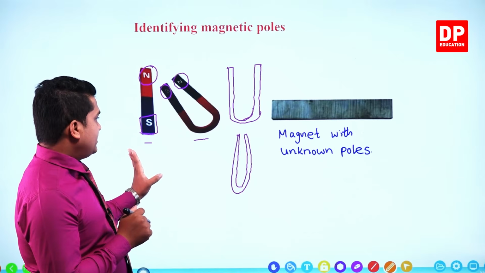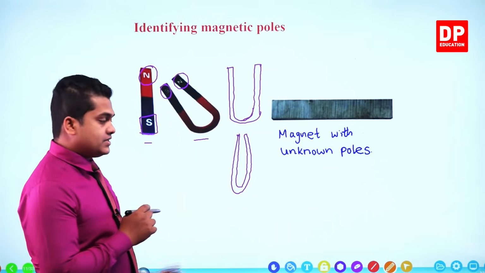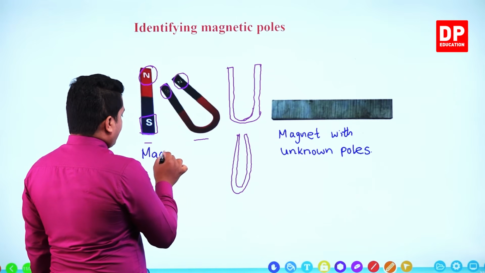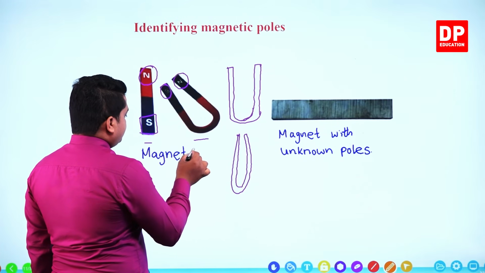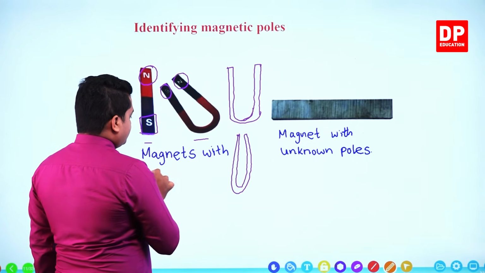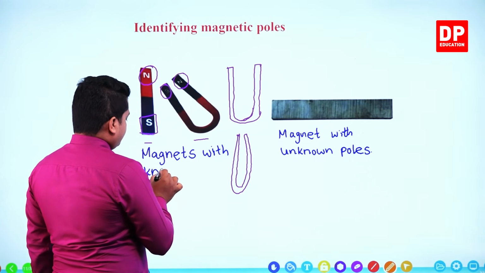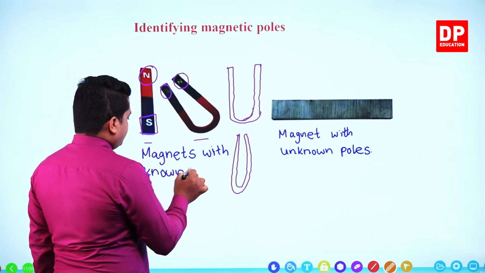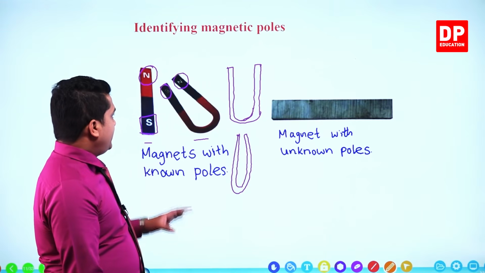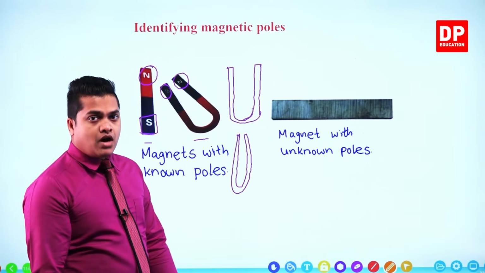So these are magnets with known poles. Here you can clearly observe that the north and south poles are marked.